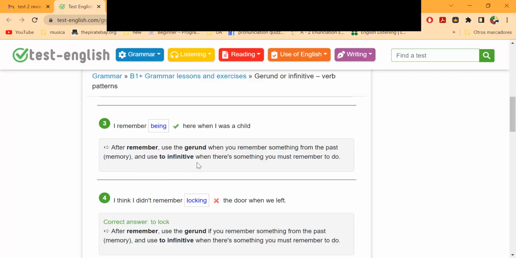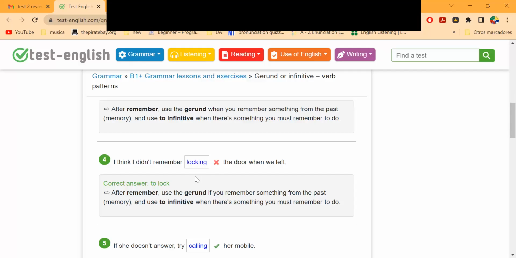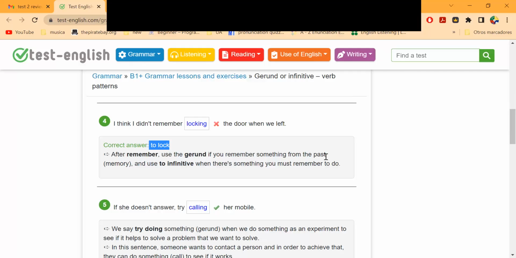And you use the infinitive when there is something you must remember to do. Por ejemplo, acá. Remember to lock the door. Y por eso está mal, ¿no es cierto? Aquí era to lock. I didn't remember to lock the door when we left. To lock. Se me olvidó cerrar la puerta con llave.